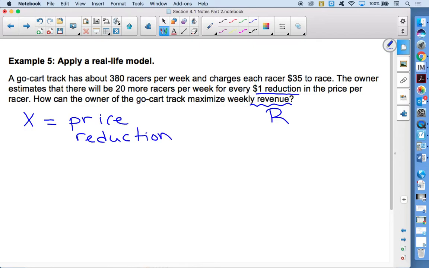So if I want to decide what his revenue is, or to calculate how much money he's making, the way we would calculate it is by taking the cost and multiplying it by the number of racers. So to get a total revenue, we would have the cost for each racer multiplied by the number of racers that he has.